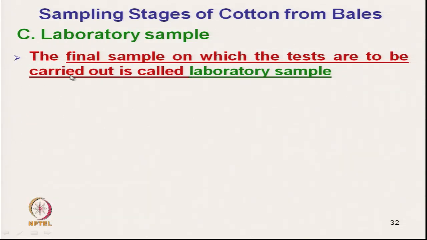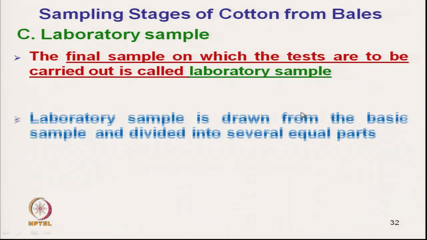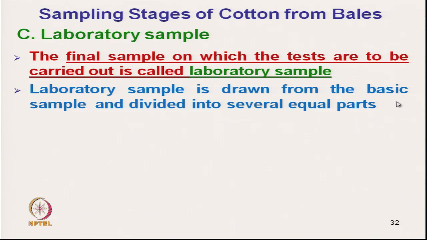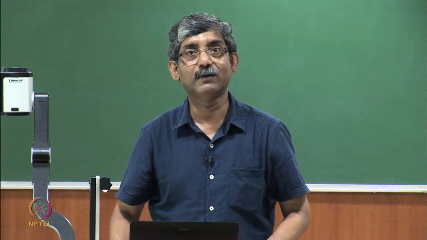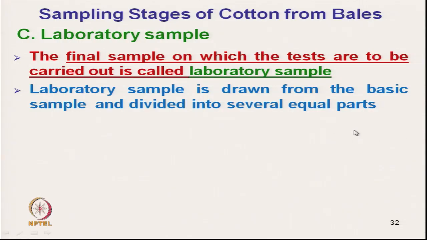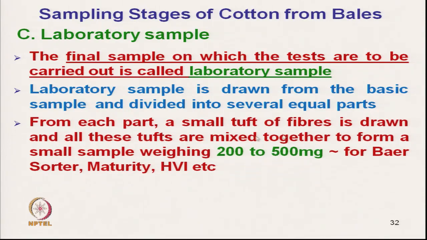Then, to get the laboratory sample, the sample on which the test is to be carried out is called the laboratory sample. As already mentioned, the laboratory sample is drawn from the basic sample. The homogeneously mixed basic sample is divided into several equal parts. From each part, normally we use the zoning technique.